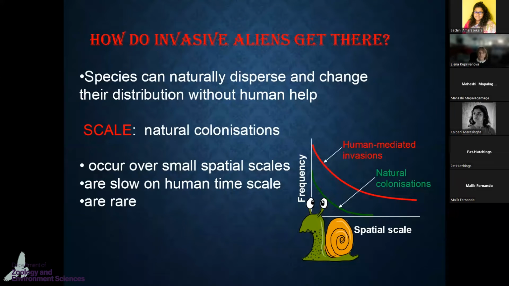In natural colonization, the scale is quite different from human-mediated invasions. Natural colonizations happen over small spatial scales. Here's the green. Such colonizations are slow on a human time scale, and they're also rare.